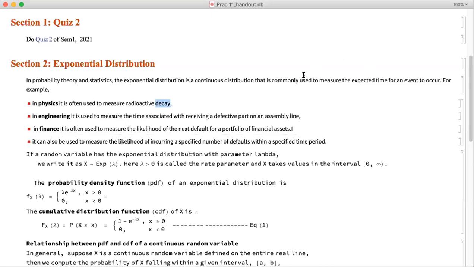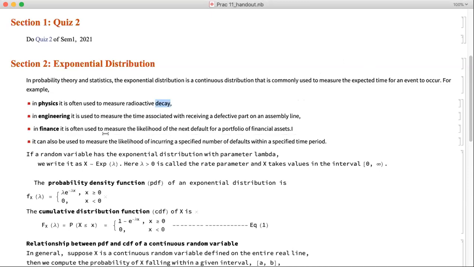It's a continuous distribution, and it is used to model the expected time for an event to occur. For example, in physics, it's often used to measure radioactive decay. In engineering, it's used to measure the time associated with receiving a defective part on an assembly line.